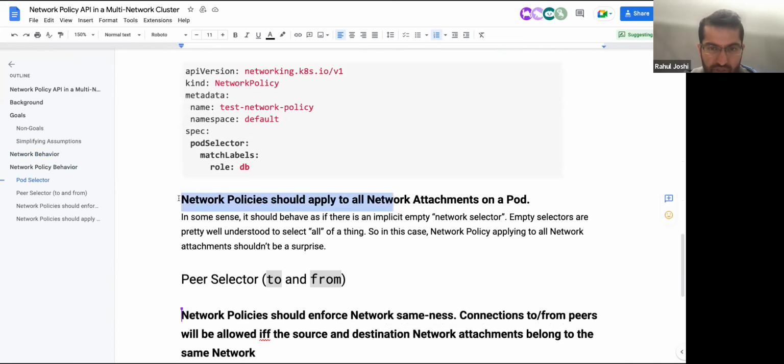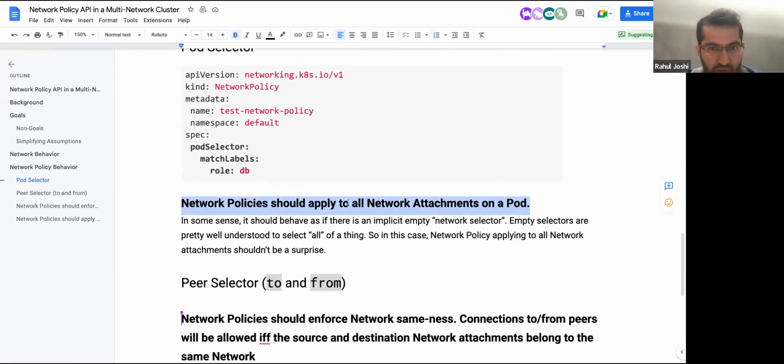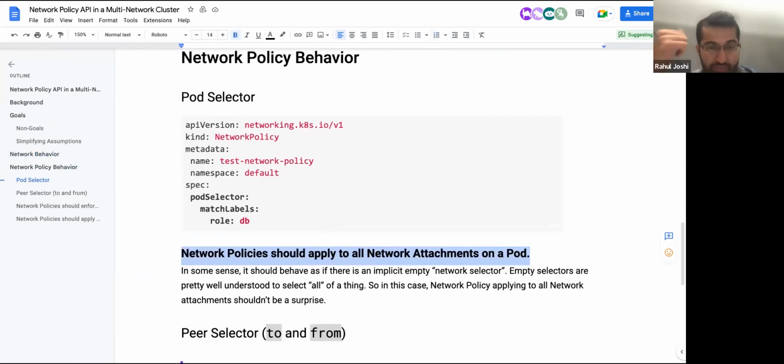The first assumption is pretty straightforward, which is the pod selector bit of the network policy. It should apply to all network attachments. Don't do anything special or magical about the default network or whatever it ends up being. Just select all the attachments.